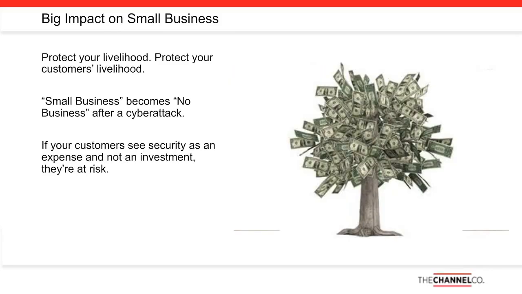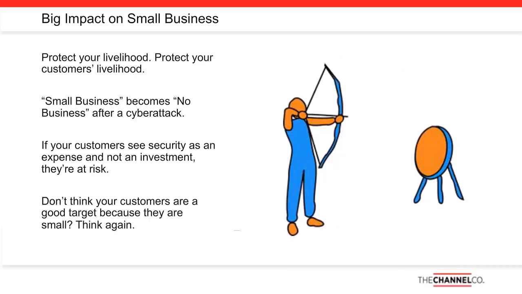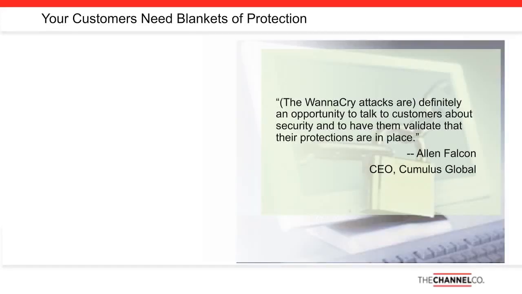It puts them at risk. If you don't think your customers are a good target because they're small, that's exactly what makes them a prime target. They're vulnerable, and they're often liquid. So it makes them very vulnerable to an attack and what comes from an attack.